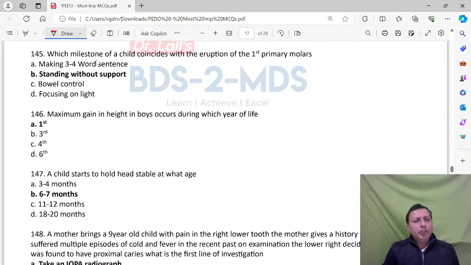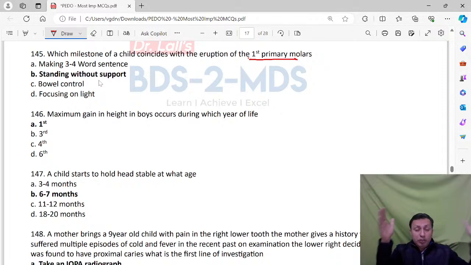Now the next question is, which milestone of a child coincides with the eruption of the first primary molar? Okay. So the options are making 3-4 word sentences, standing without support, bowel control, focusing on light. Now I have given you the list of the different milestones.